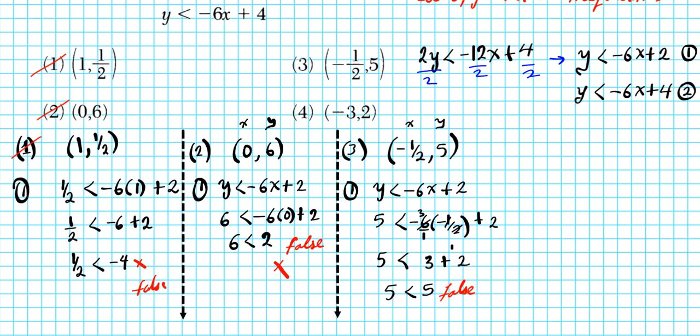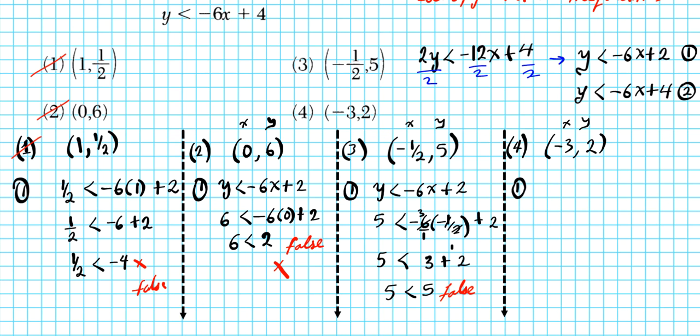By method of elimination, we can easily conclude that the answer is option 4, assuming we didn't make any mistakes in any of these options. So let's verify that the coordinate pair -3, 2 satisfies both inequalities.